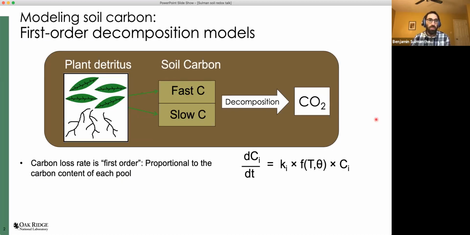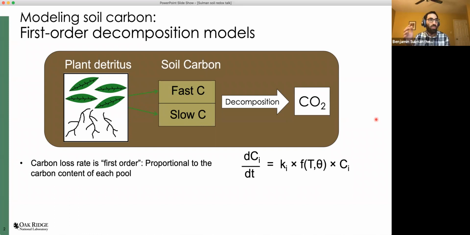When we model soil carbon cycling in the models that we use typically at large scales, we're usually starting from a fairly simple starting point, which is first order decomposition models.